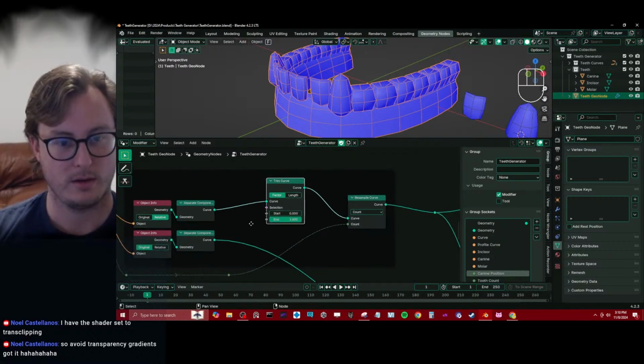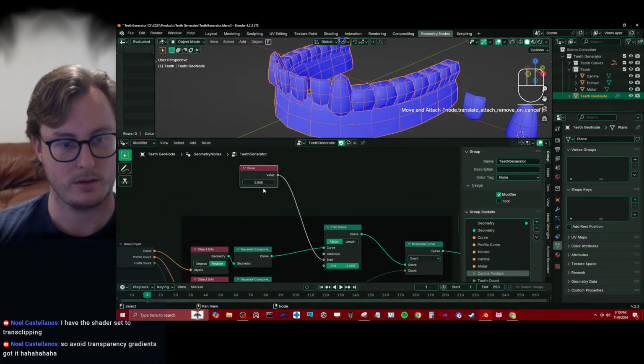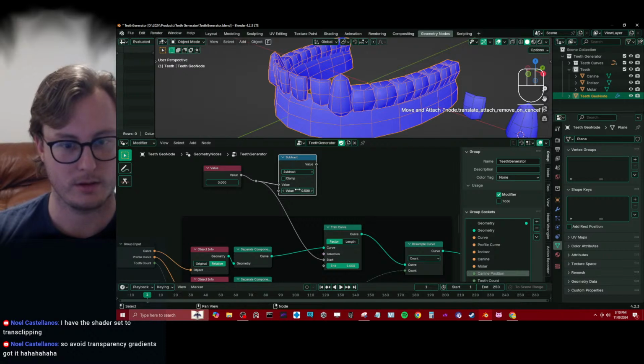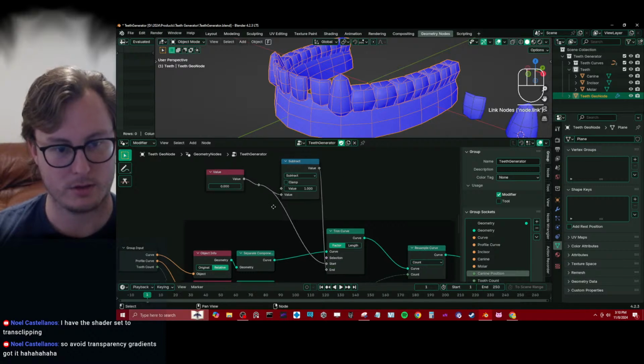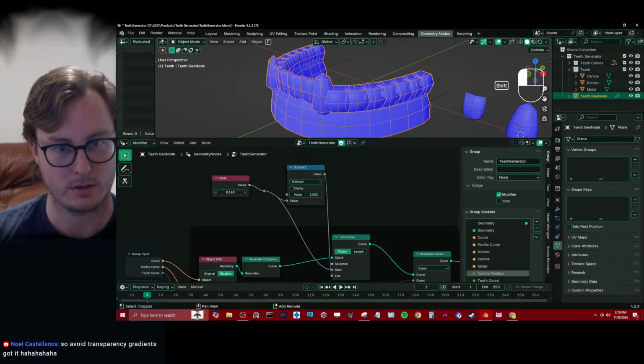Give it a value. Subtract 1 minus that value. This is this one. Cool.